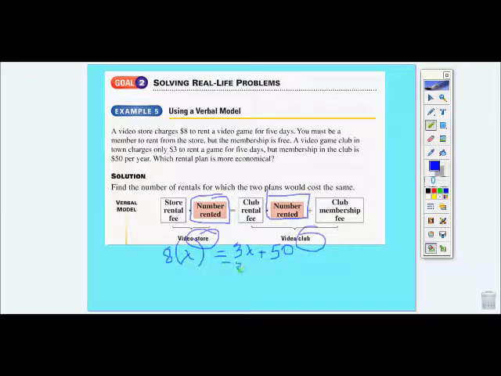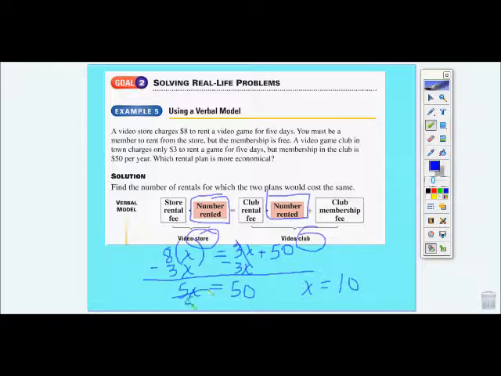So let's go ahead and subtract the 3x from the right, because the larger one was on the left. Equal sign, and I'm going to end up getting 8 minus 3x is 5x, and that is going to equal 50. Divide both sides by 5, and I will end up with x equals 10.